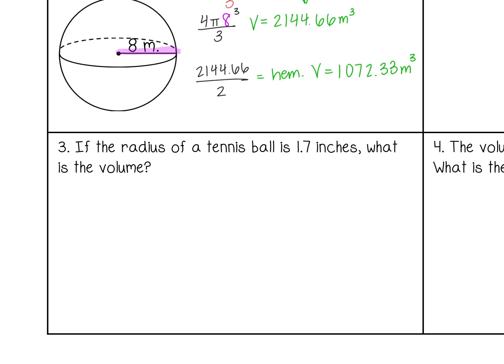All right, last question. If the radius of a tennis ball is 1.7 inches, what is the volume? So here's my tennis ball. My radius is 1.7, and I'm using the formula for volume of a sphere. A tennis ball is a round sphere, which is volume equals 4 pi r cubed divided by 3. 4 pi times my radius, which is 1.7.